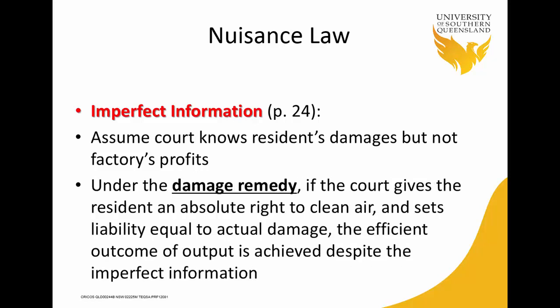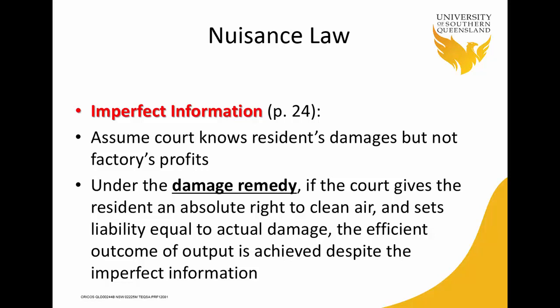All right. Moving again with the same assumption, under the damages remedy, if the court gives the resident an absolute right to clean air and sets the liability equal to actual damage, because we know what the actual damage is, the efficient output is achieved despite the imperfect information.